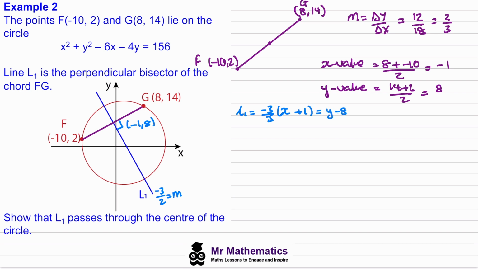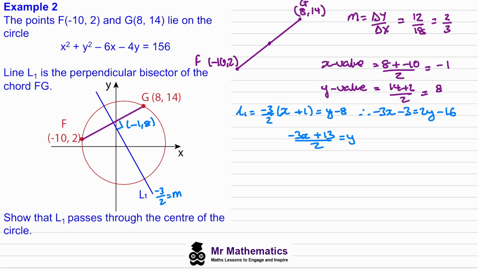We'll expand out this -3, this should be a 2, and we'll move that division of 2 to the right hand side. So we get, therefore, -3x minus 3 will equal 2y minus 16. So the equation of line L1 in terms of y will be (-3x plus 13) divided by 2.